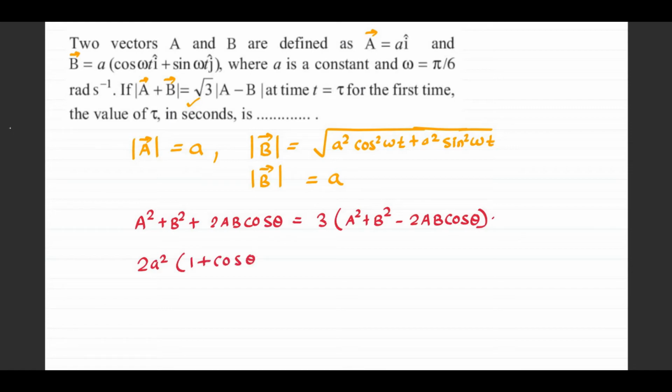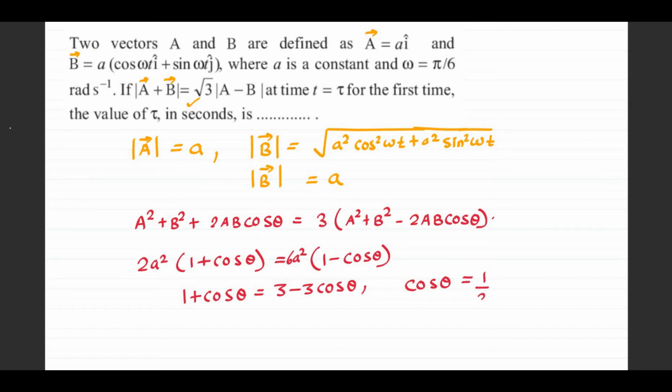upon putting the values, this will become 6a square. So you can see from here cos theta will become half.